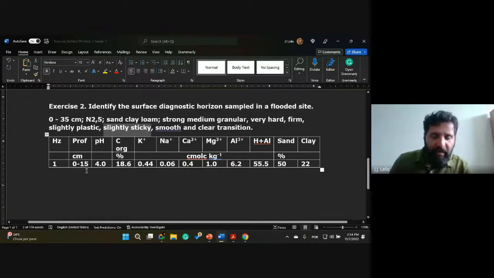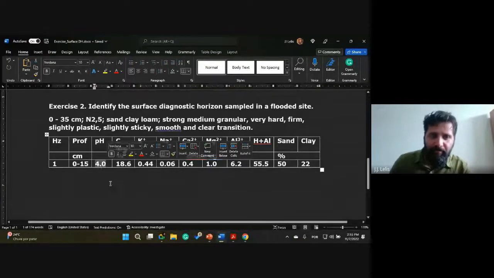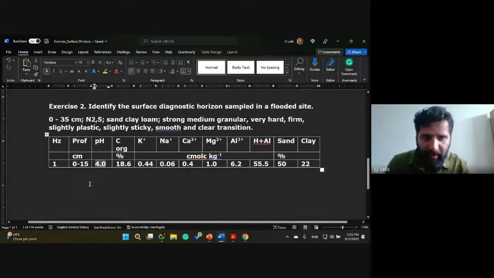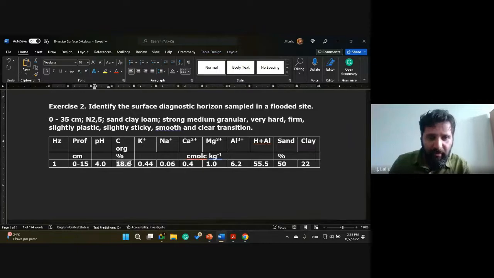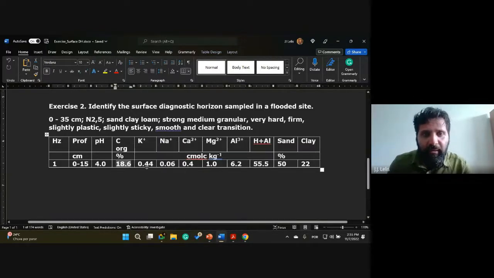In this case, we have a low pH. It's very acid, maybe acidic or extremely acidic. And we have a high content of organic carbon. It's very high. And we have here a high content of aluminum.